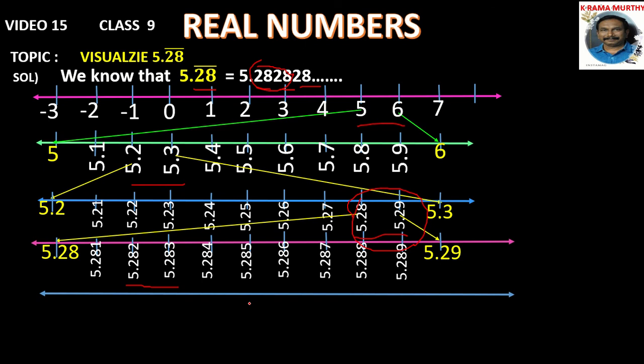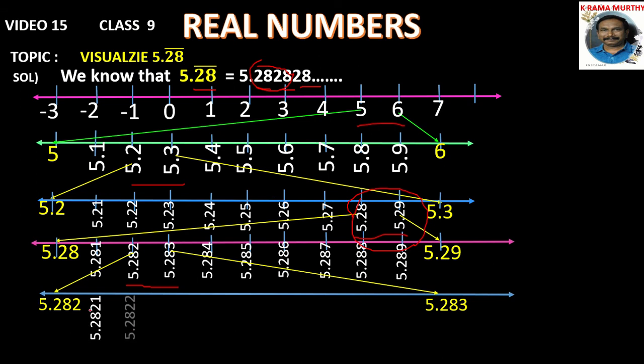Again draw a line and magnify the space between 5.282 and 5.283. Then they should be divided into 10 parts as we did before.